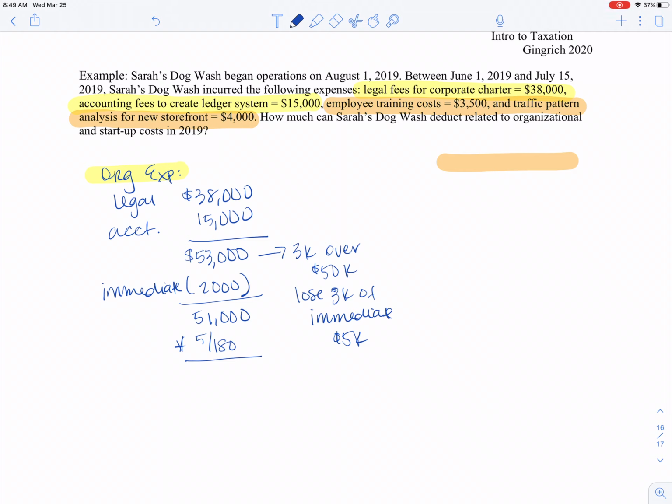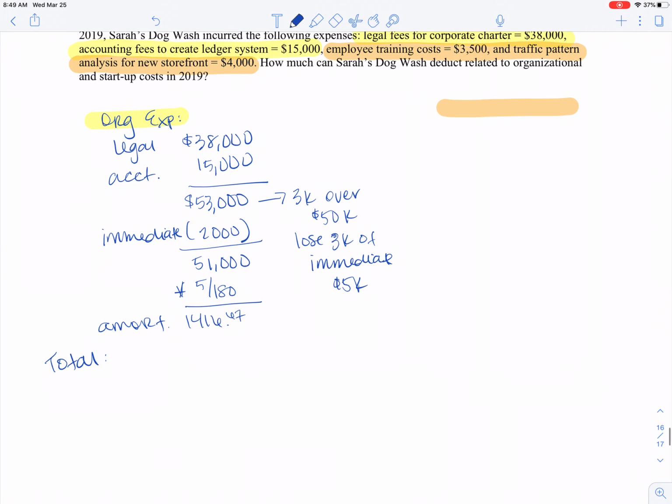So I will get $1,416.67. And that's the amortized portion that I get this year. In total, my cost recovery for this year is $2,000 that I got immediately, plus the amortized portion, $1,416.67, for a total of $3,416.67.